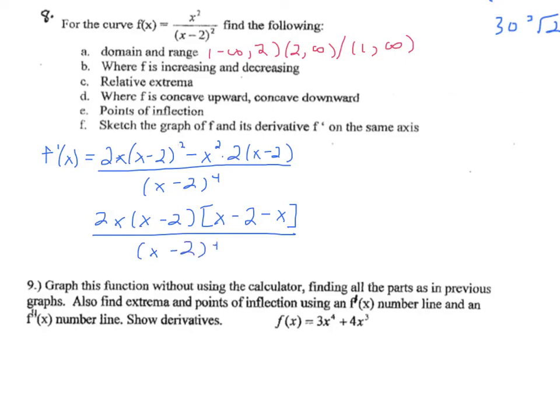So our derivative will be negative 4x times x minus 2, all over x minus 2 to the 4th. Then that x minus 2 can cancel out, and we'll have negative 4x over x minus 2 cubed.